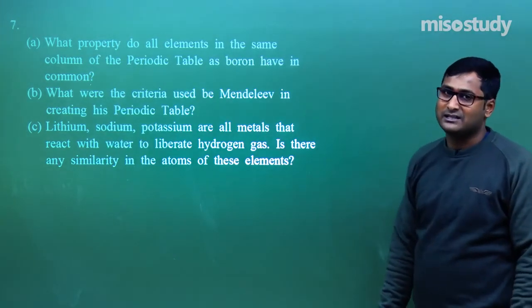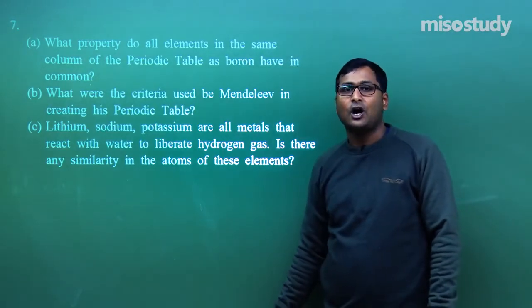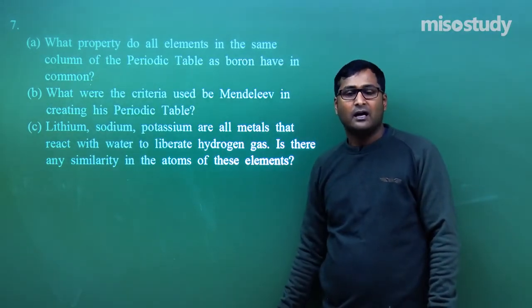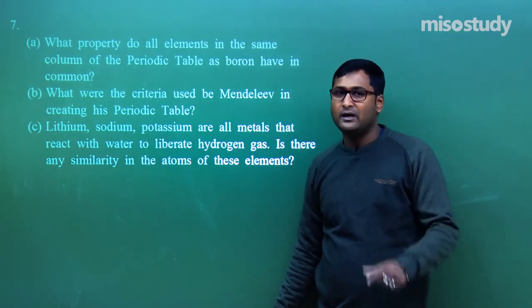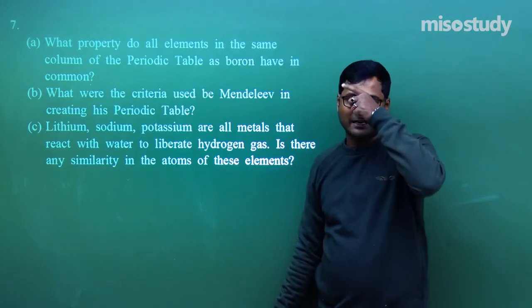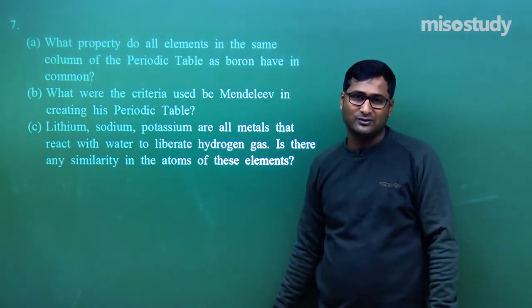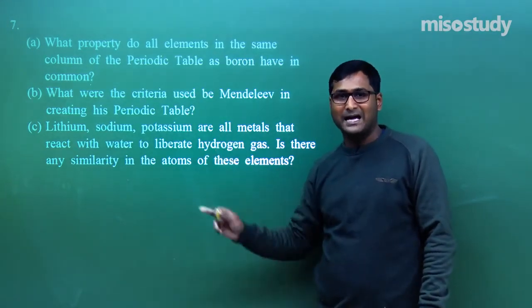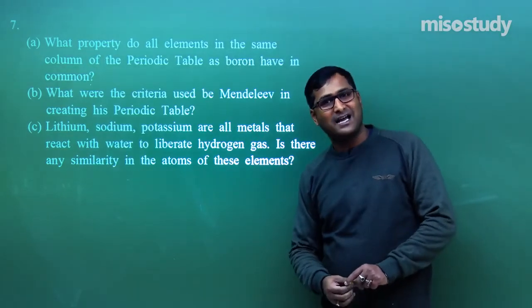For this, he took the oxides and hydrides of different elements. If two elements have similar formulas of oxide and hydride, then they are grouped together. So the basis was atomic mass and the formulas of oxides and hydrides.